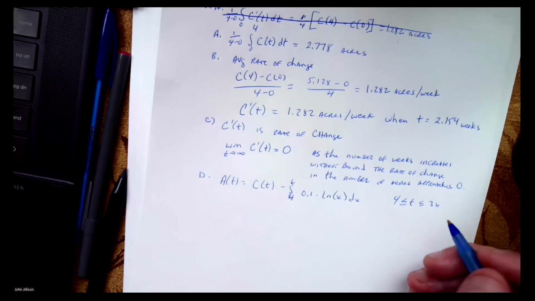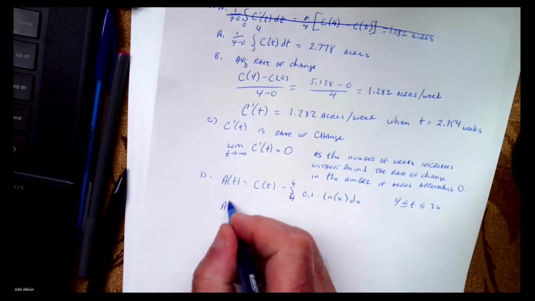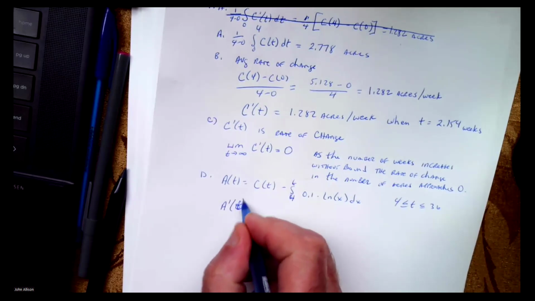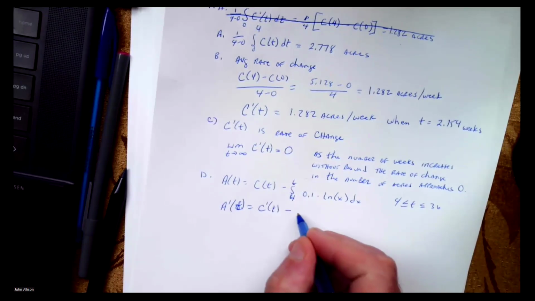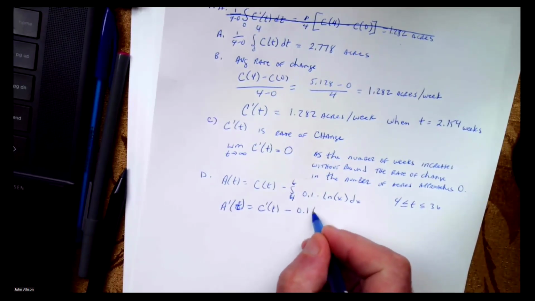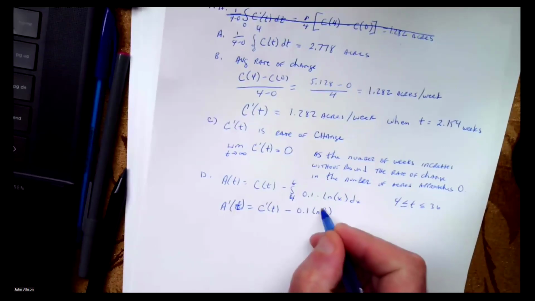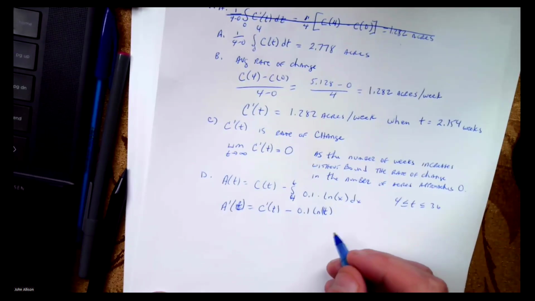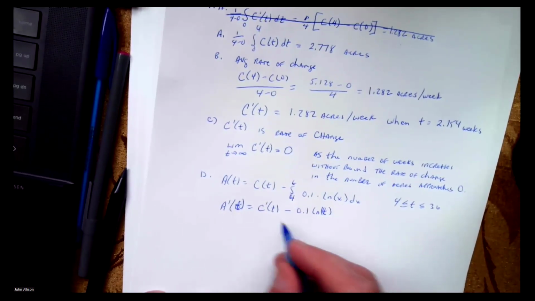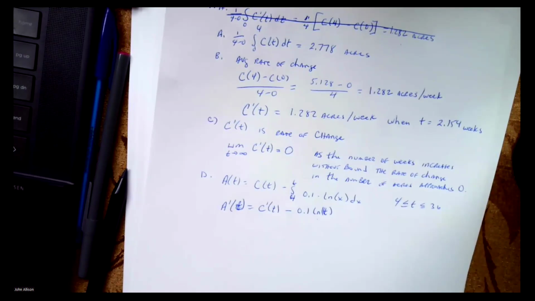Justify your answer. So A prime of t is C prime of t minus 0.1 ln t by the fundamental theorem. We want to know when there's a maximum, so we're going to graph C prime of t minus 0.1 ln t, and find out when that is 0.